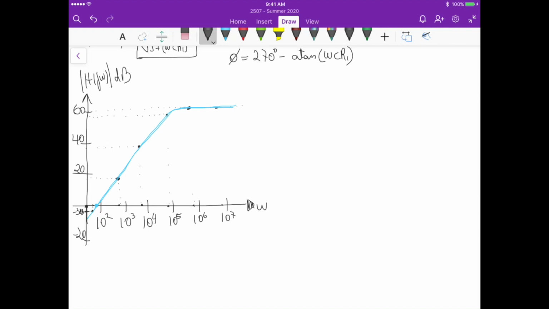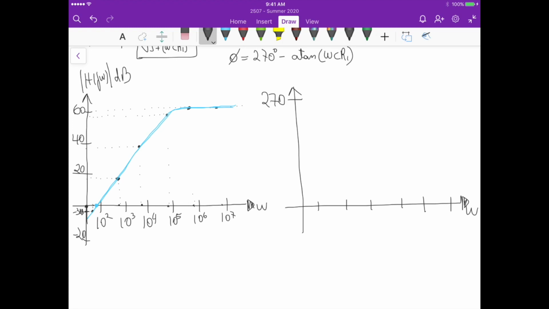And for the phase, so let me plot the phase here. Again, 10 to the 2, 3, 4, 5, 6, 7. Remember that we start here at, well, we start at 270, right?